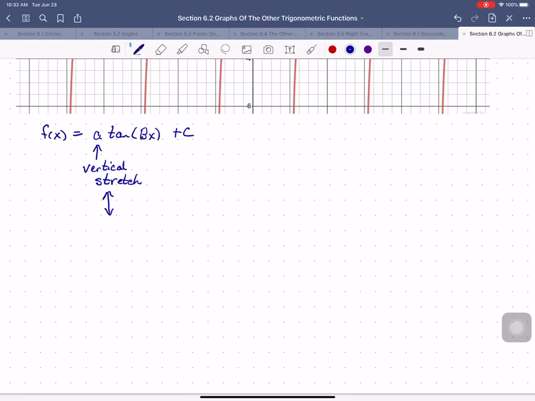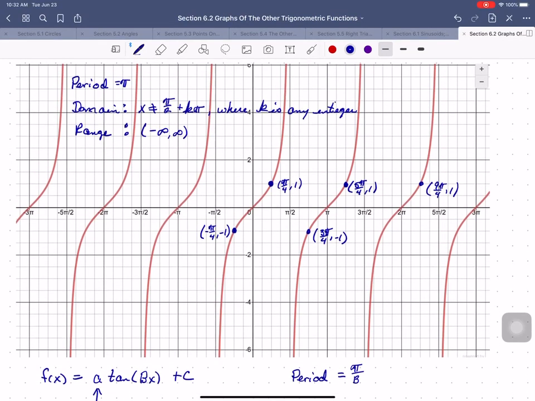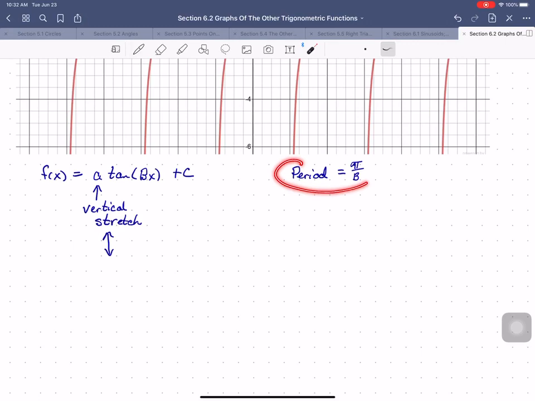Now, b is related to the observed period. So my period is going to be not 2 pi, but pi over b. And the reason for that is because the natural period of tangent is pi. So our period is related to that natural period, that pi. Okay.